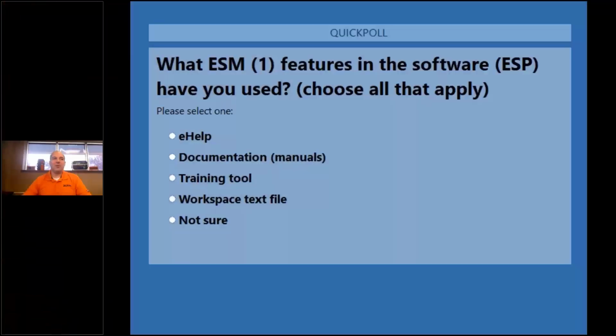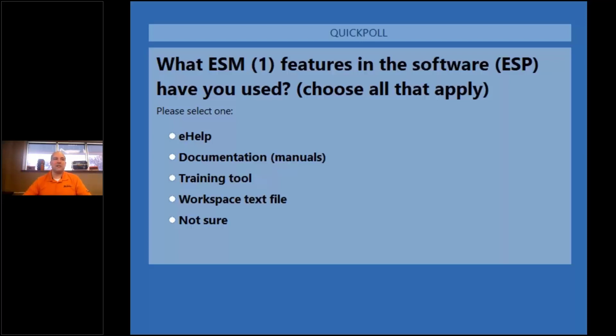So let's launch our first poll here again. As we try to make sure everybody understands the material, we use polls and different activities so that we keep people engaged. So the first one: what pieces of the extra ESM features do you have experience with? Is it related to actually using eHelp?